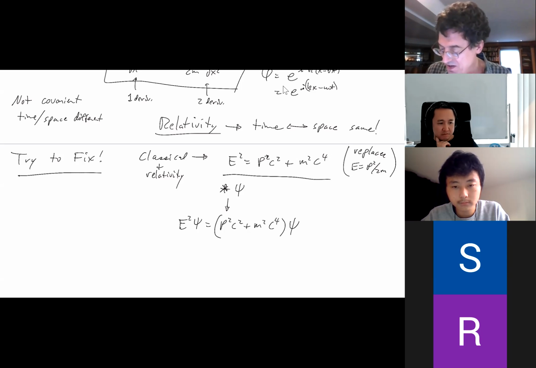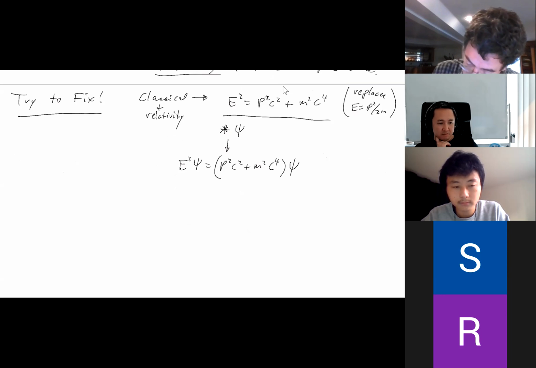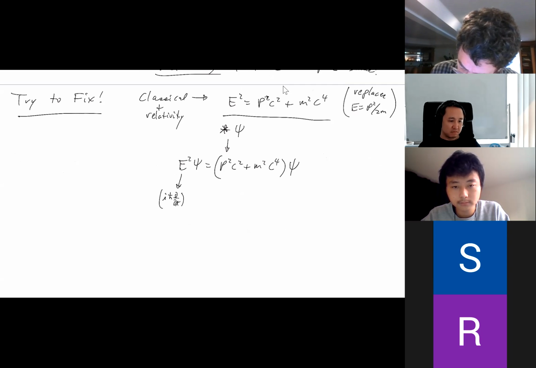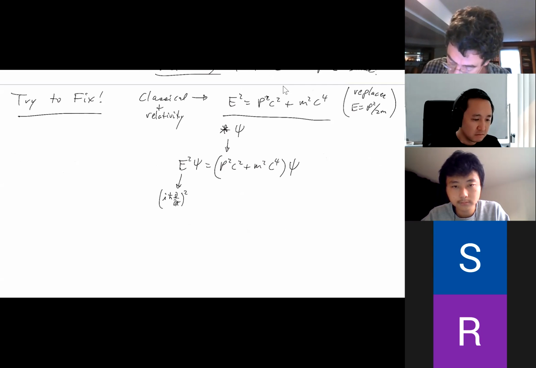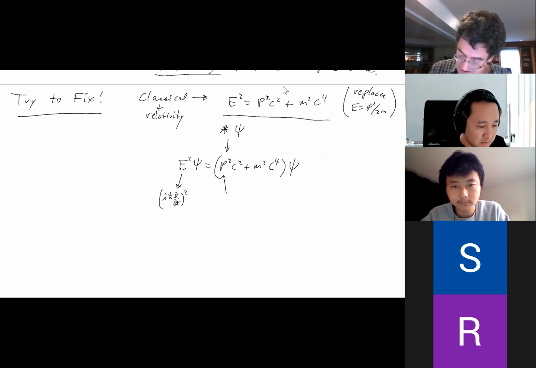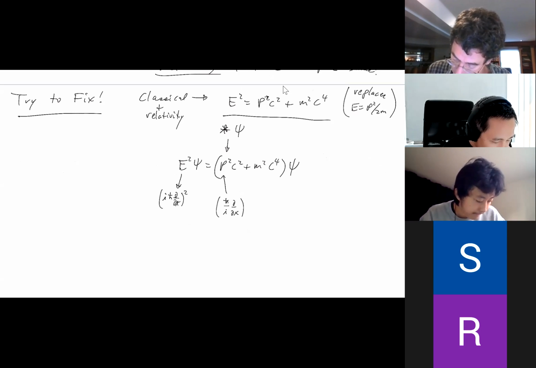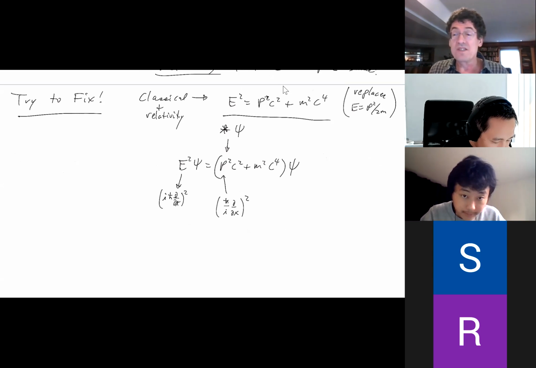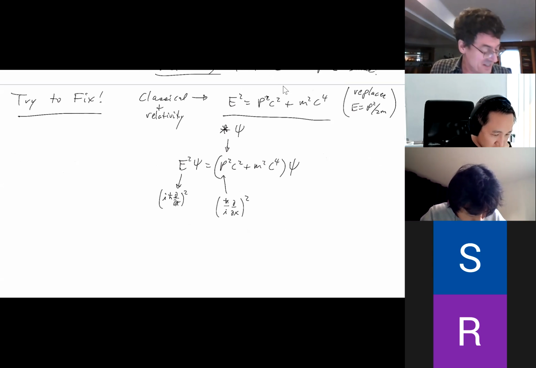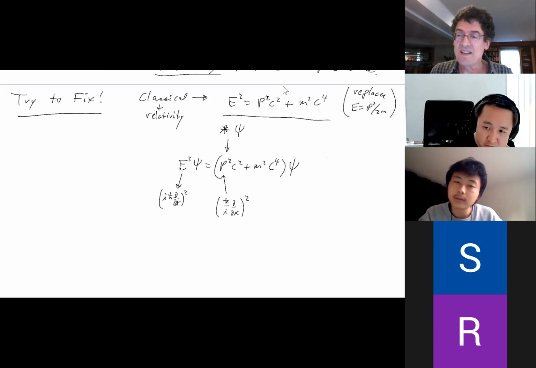That seems like a pretty reasonable quantum mechanics. Then the E squared becomes i h bar d/dt, but now squared, and the P becomes h bar over i d/dx, squared. So does this fix it? Yes or no?